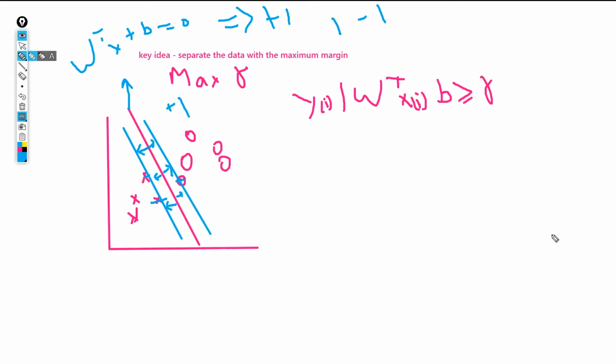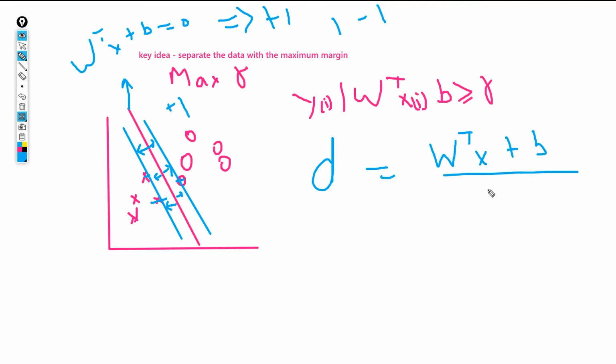Okay, so the first distance is going to be w transpose x plus b, divided by the L2 norm of w.